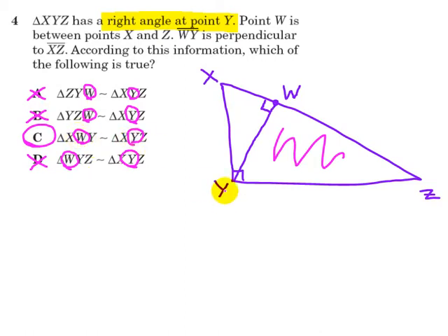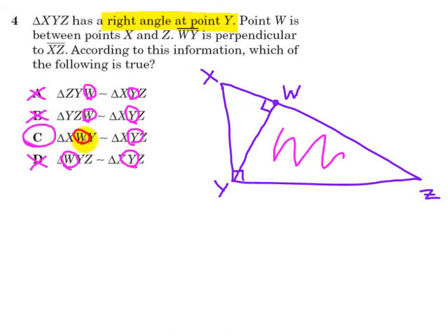Now I chose the right angle because that's the easiest to locate. What this statement means is on these two triangles, the x is the same measure. So let me look at these again.